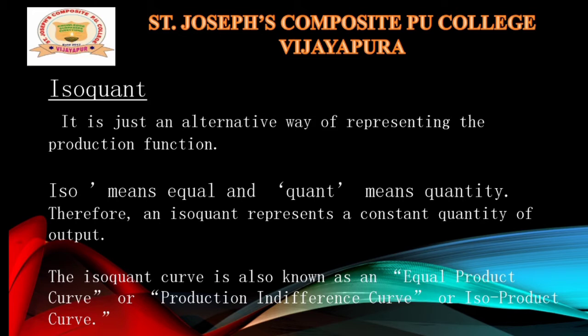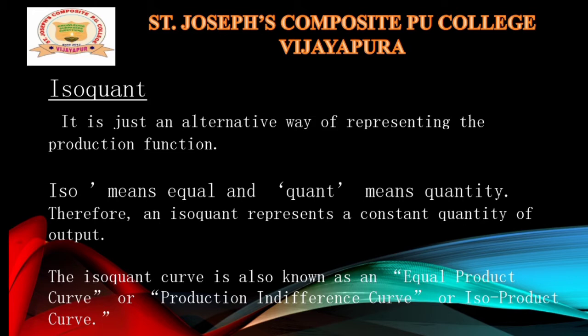The term isoquant: iso means what? That is equal, and quant means what? That is quantity. Therefore an isoquant represents a constant quantity of output. That is what isoquant is.